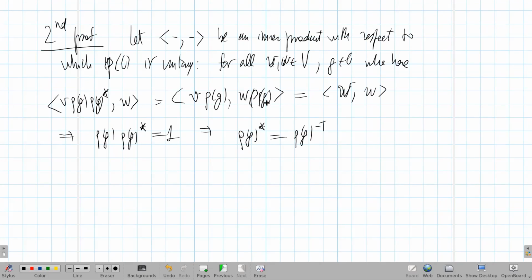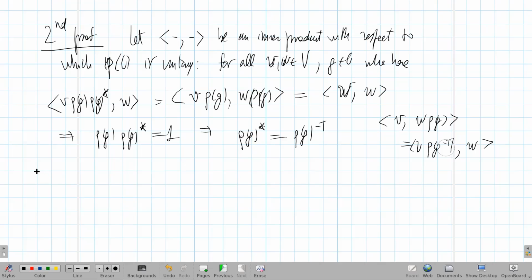So when you bring rho g to the other side, you get rho g inverse. Let me write it with the inverse inside to stress that this is again an element of rho of the group G. So there is an inner product like this.